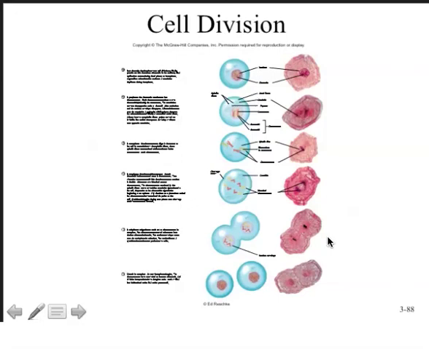Now that's not always the case. There are some unusual exceptions to that, such as in stem cell populations where the stem cell will divide and one cell will remain a stem cell while the other cell will differentiate and turn into a cell that's going to provide a particular function in the context of a tissue inside the organism that serves a particular purpose. Some cells undergo mitosis and don't undergo cytokinesis.